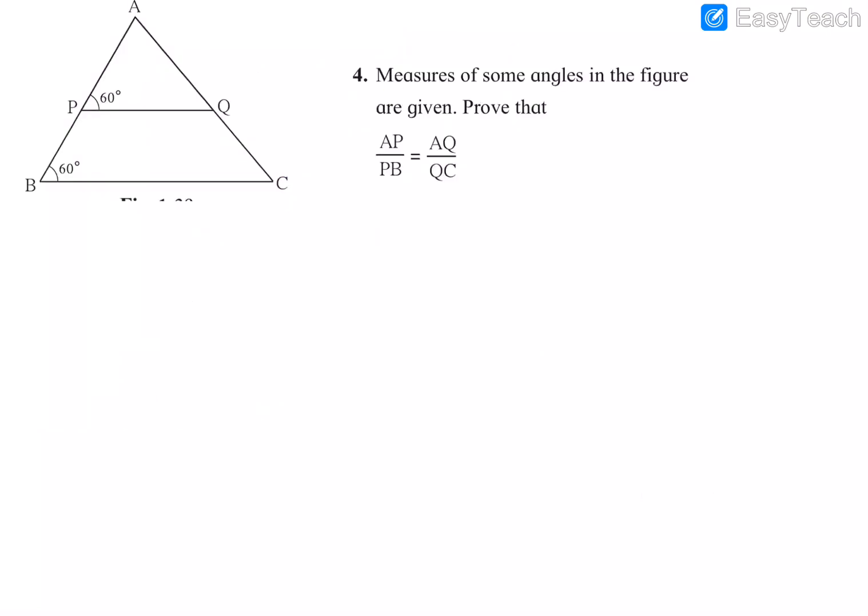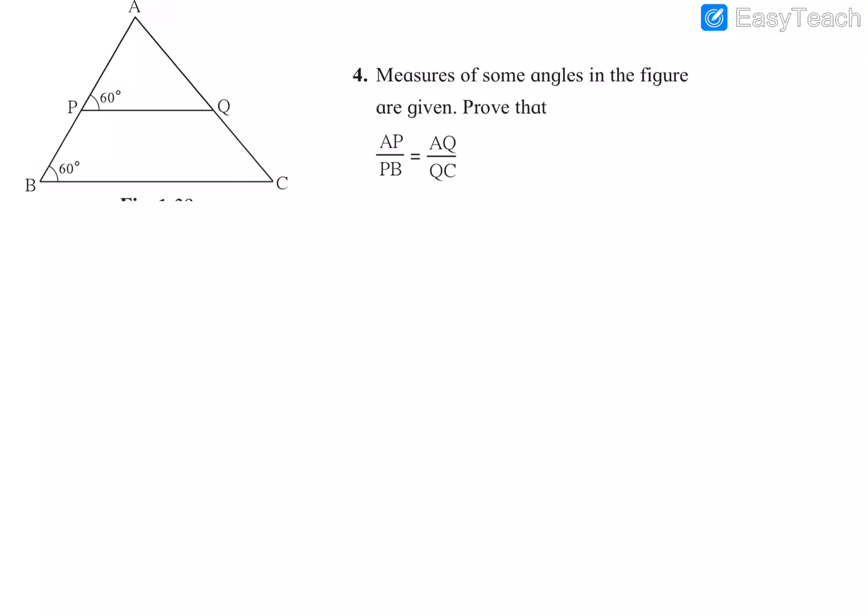So now we are going to question 4, and the questions in between have been reduced in the syllabus. Question 4 in practice set 1.2: measures of some angles in the figure are given. The measures of two angles are given, 60 degrees, angle P and angle B, and we need to prove that the ratio of the corresponding sides, that is AP by PB, is equal to AQ by QC.